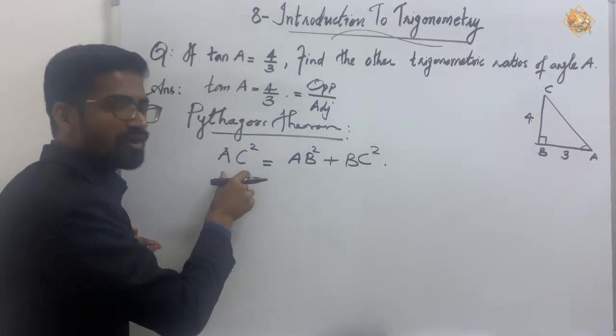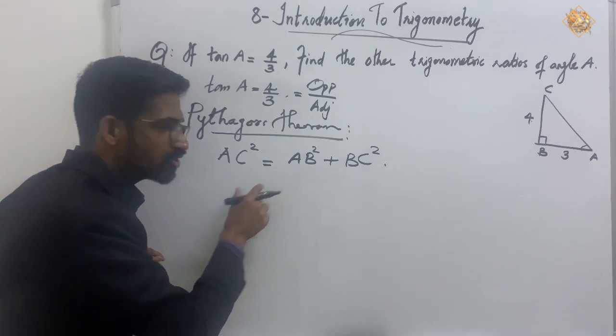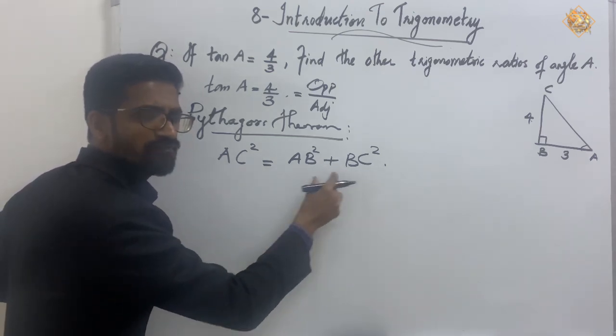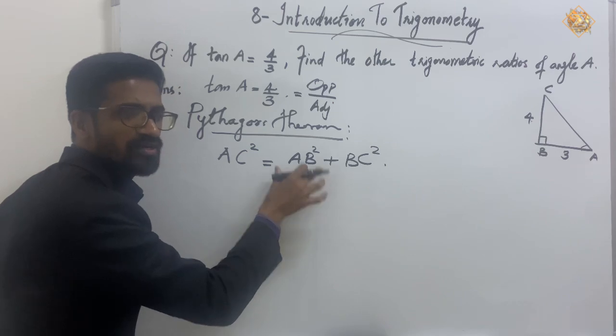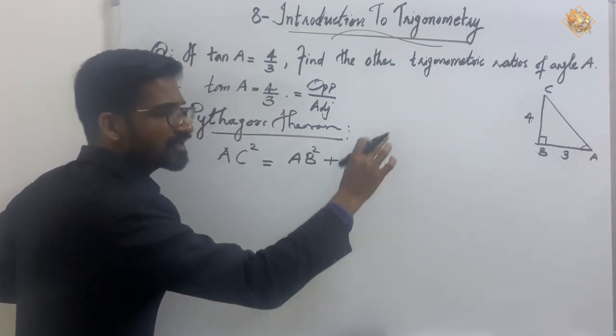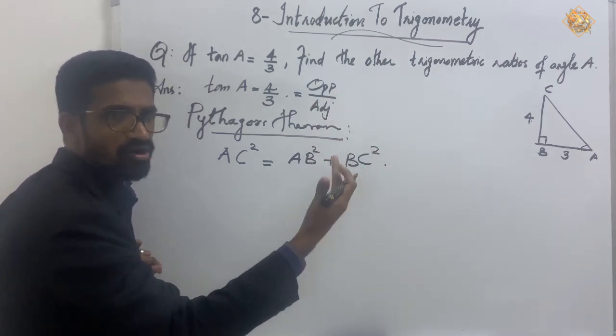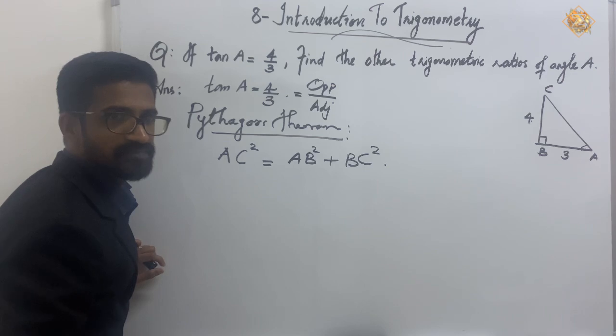This is called the Pythagoras theorem. We apply it to find the unknown side of a right angle triangle.